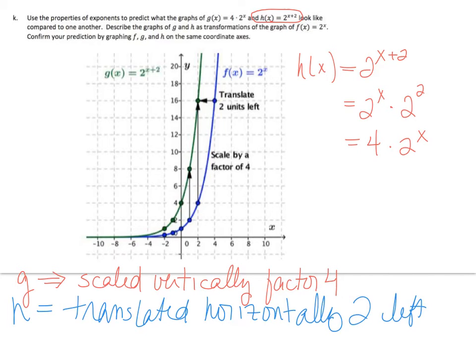And we're comparing both of these to the function f of x equals 2 to the x. We're comparing g to f of x and h to f of x.